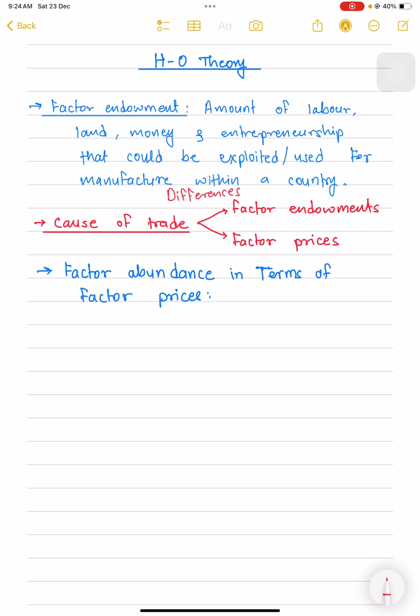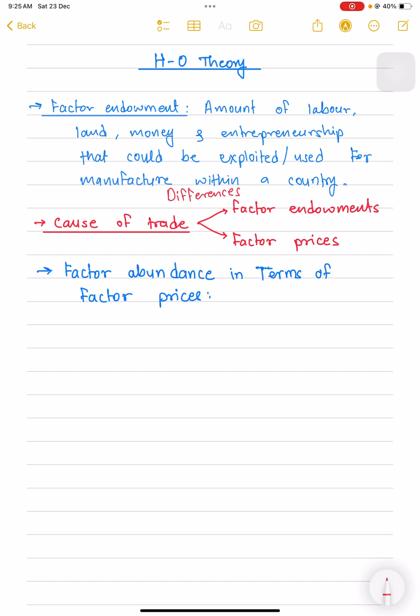Now assumptions you can read from M.L. Jhingan's book on page number 857. Okay, I have already uploaded the study material for this. Now on page numbers 58 and 59 there are two important diagrams that you have to draw in the exam.